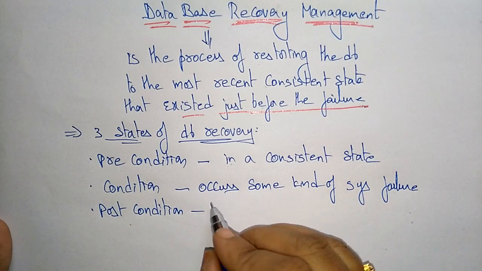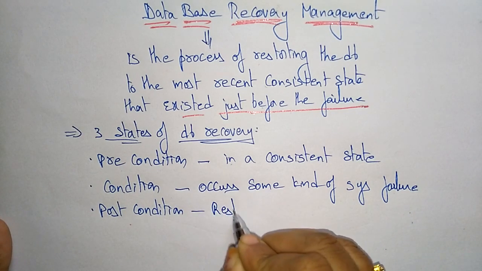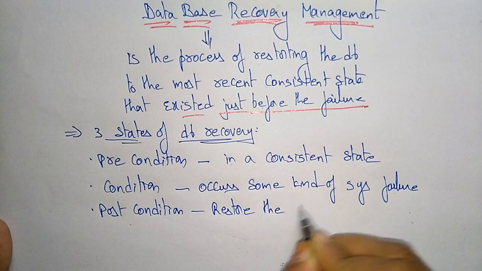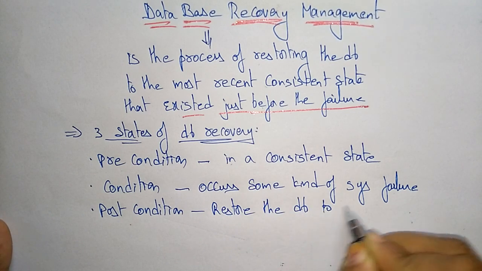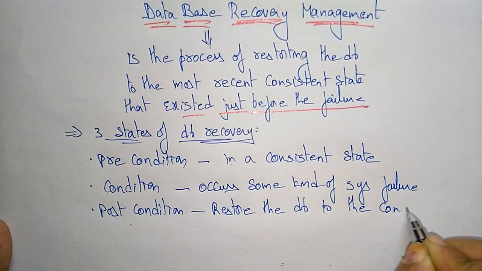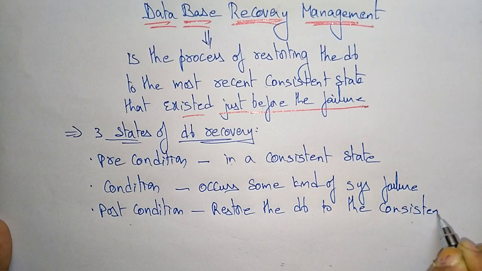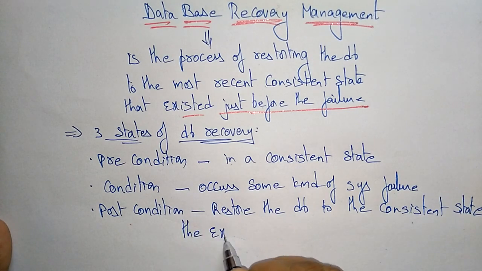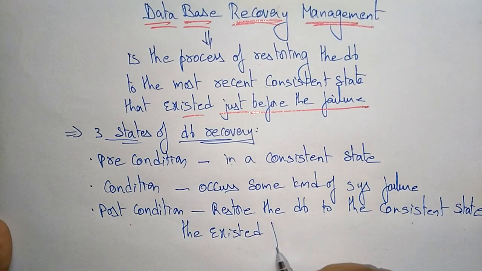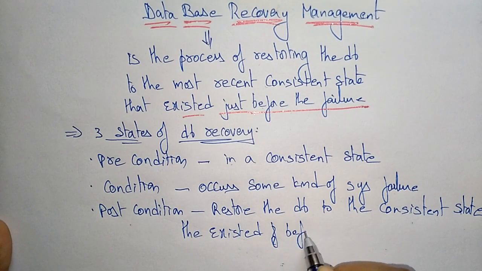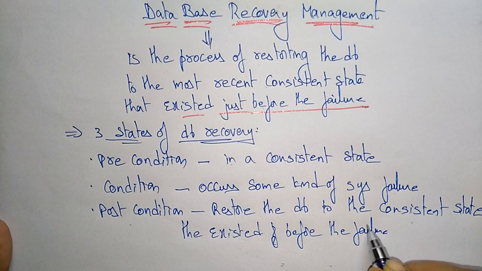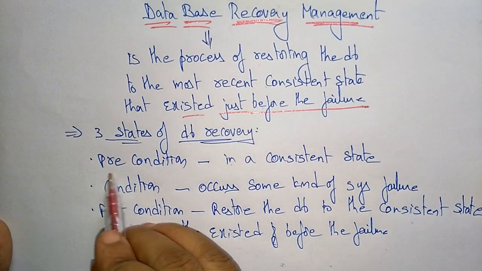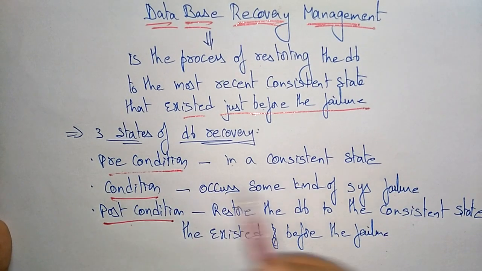And then post condition means restoring the database to the consistent state that existed before the failure. So these are the three states of database recovery: precondition, condition and post condition.